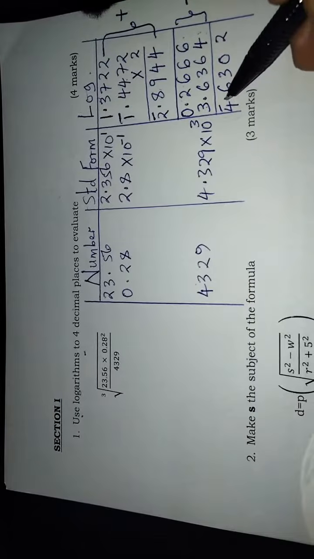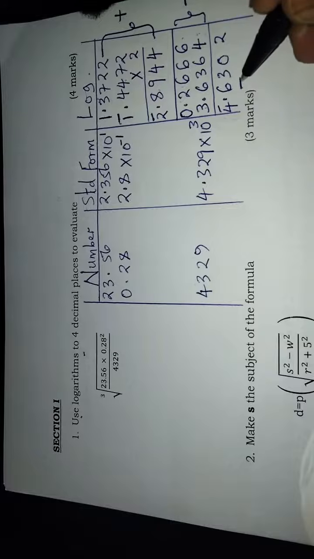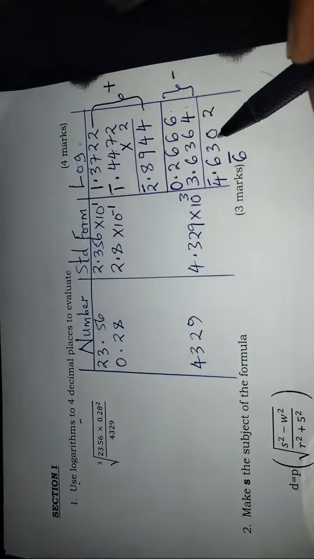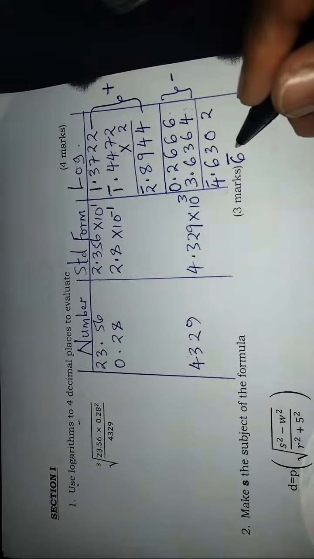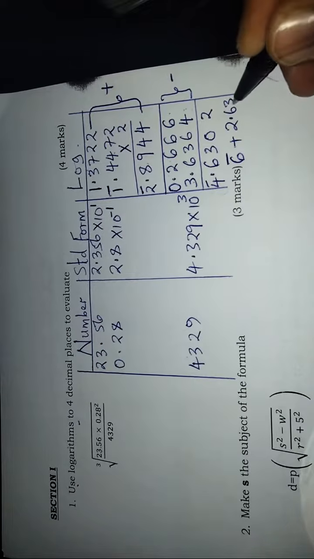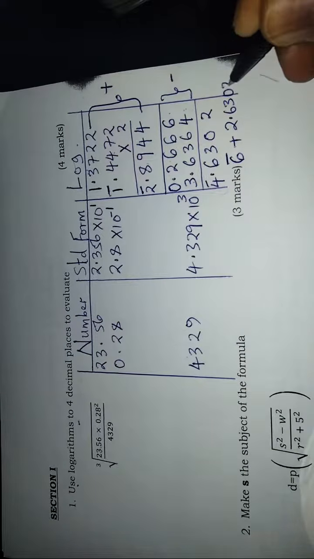That means we can borrow 2 to make it a multiple of 3. When we borrow 2 from negative 4, it will become negative 6. Then the other side, which is 0.6302, we add the 2 that has been borrowed, so that side now becomes 2.6302.